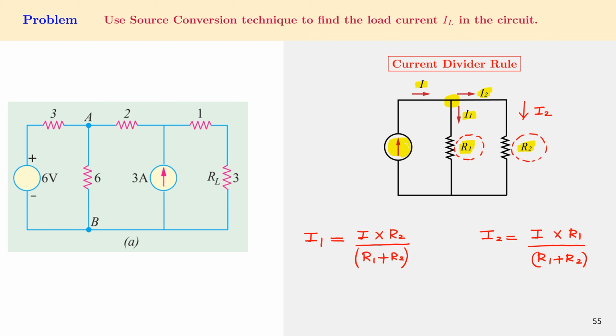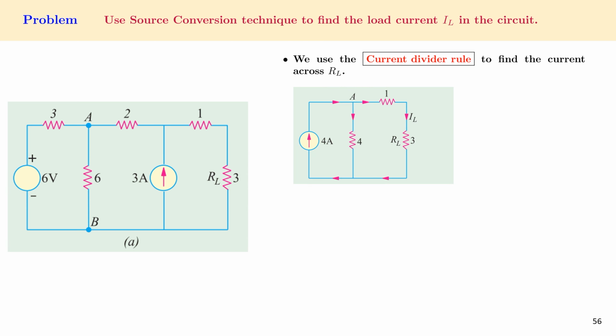Now we can apply the current divider rule into the circuit that we were analyzing to find out the current across the load resistor. The current across the load resistor is total current, the total current is 4 ampere, multiplied by the other arm consists of a 4 ohm resistor, so that is 4 divided by total resistance in the circuit.